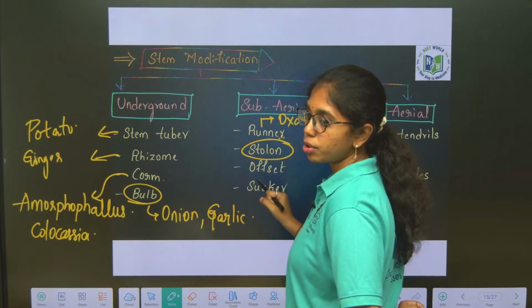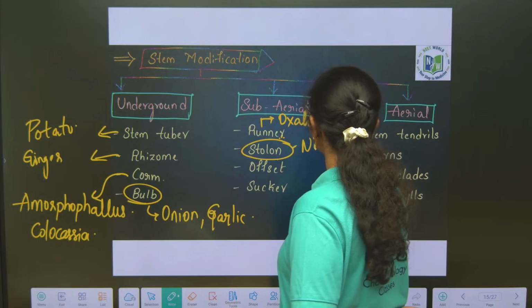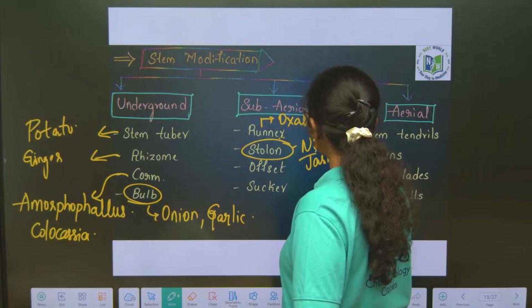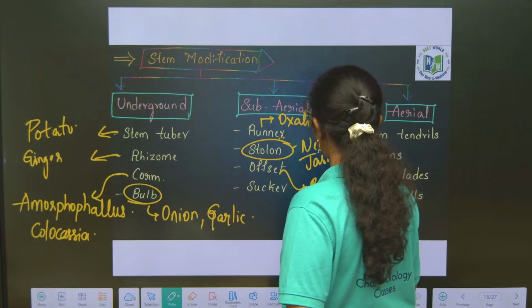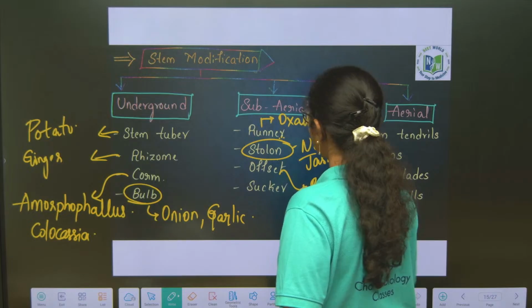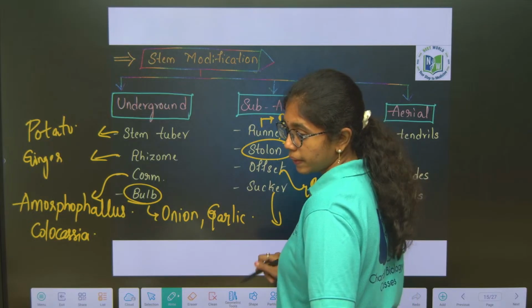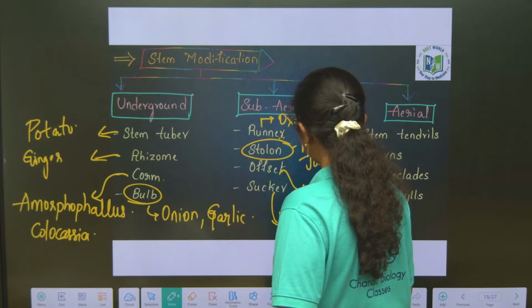Stolon examples include Nerium and jasmine. Offset: Pistia and Eichhornia. Sucker examples: chrysanthemum, pineapple and banana.